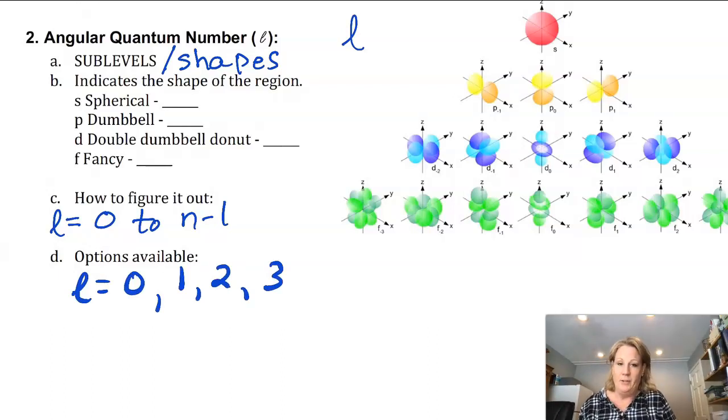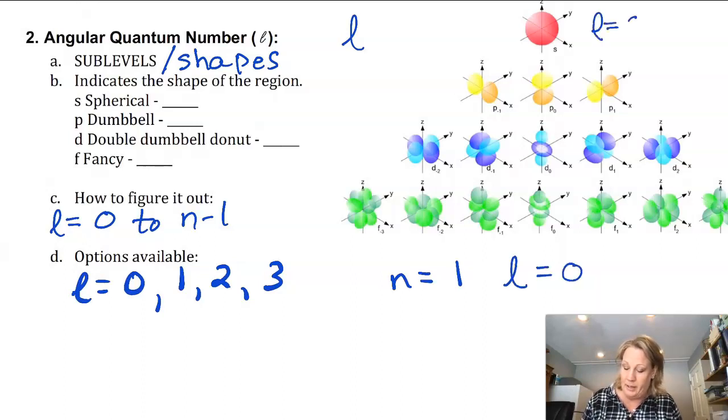At this point, and you'll see that this is directly related to the periodic table, we don't have an l greater than 3. So if I am in the first principal energy level, n equals 1, then l equals 0. And that corresponds up here to this s shape, which is a sphere.